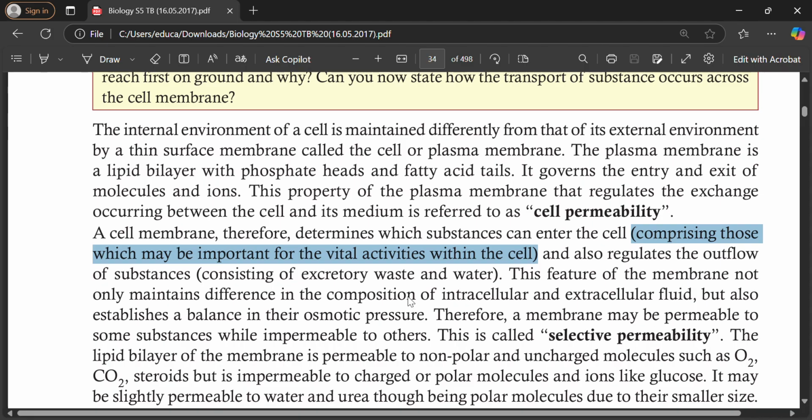It also regulates the outflow of substances. Those substances are the excretory waste and water.